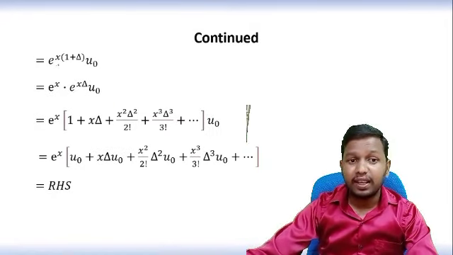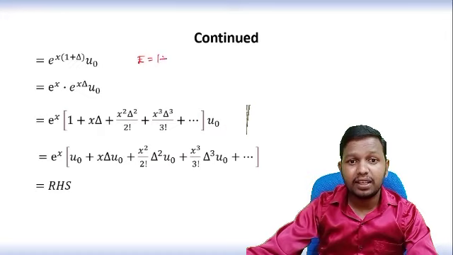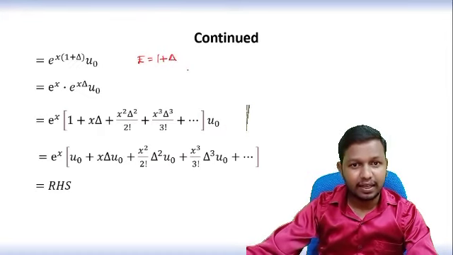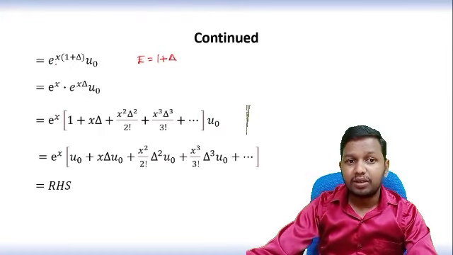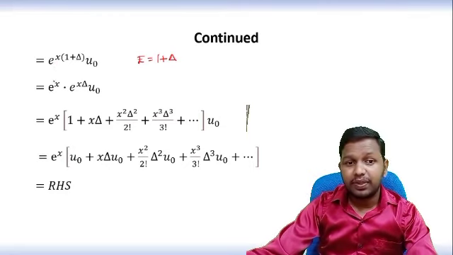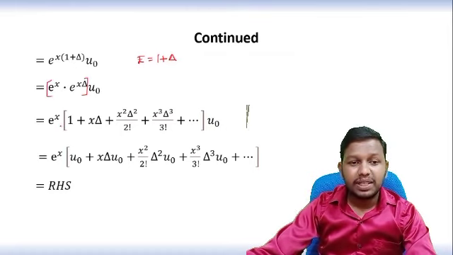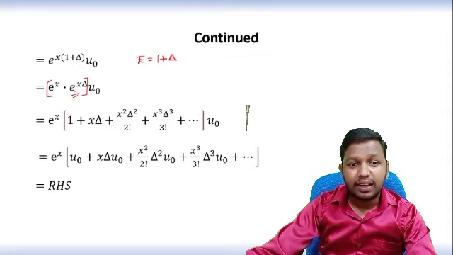That is equals to e power x into 1 plus delta into u0, because E is equal to 1 plus delta. Separate the terms with exponential, which is equals to e power x into e power x delta of u0. Again expand this exponential term in series form.